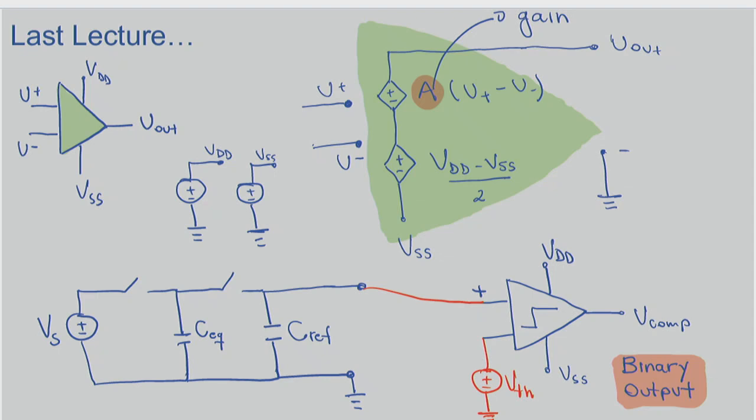Okay, so this one, the lower voltage-dependent voltage source, was basically taking the average of the rails of the amplifier, while the second voltage-dependent voltage source was taking into account the gain of the amplifier.